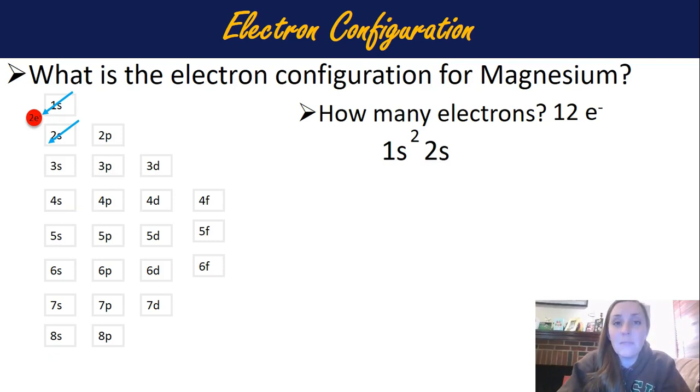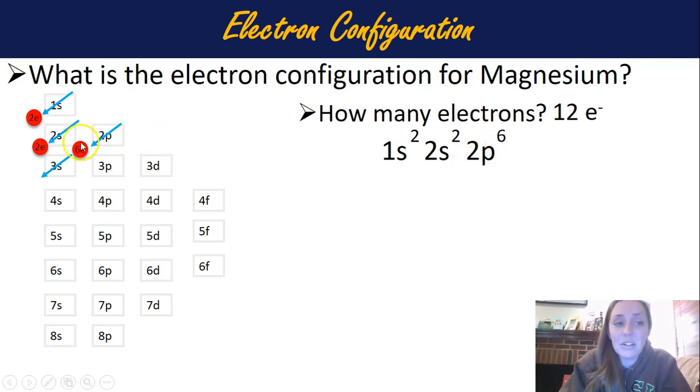How many electrons can fit in any s shell? Well, 2. So 2s2. What comes next? 2p. I've used 4 electrons in placements, so out of my 12, I now have 8 left. 2p can fit 6. So my 2p gets a 6.